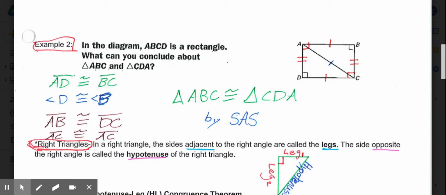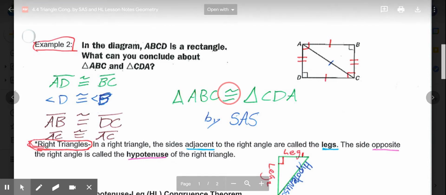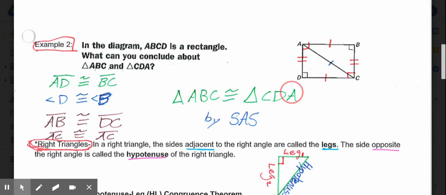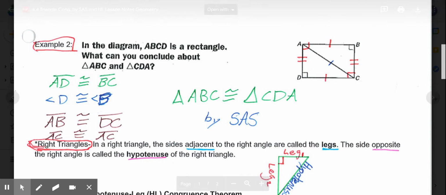But also with side angle side, we can say that triangle ABC is congruent to triangle CDA because we have one side, the included angle, and then the other side that are congruent to each other.